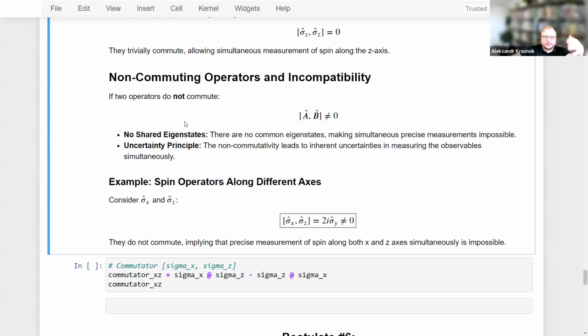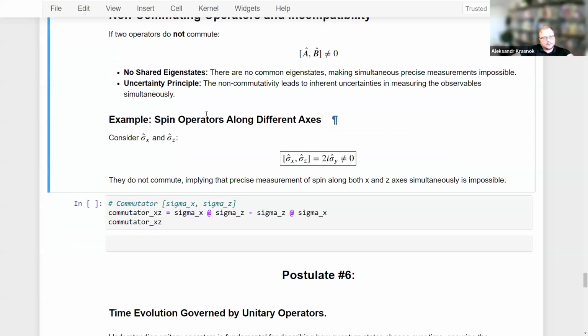However, if the commutator is not equal to 0, then these two observables cannot be measured in the same experiment. One example is the spin operator, so Pauli operators x and y. As we said, a Pauli matrix represents the experiment of measuring the spin orientation in a particular direction, which is given by the direction of the applied magnetic field.